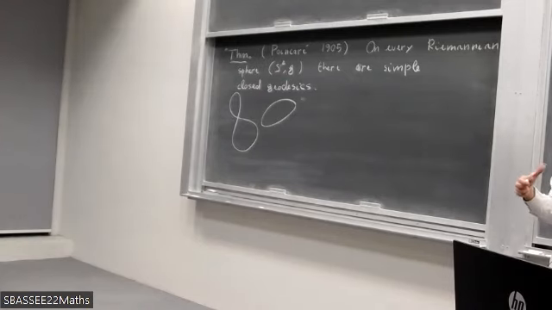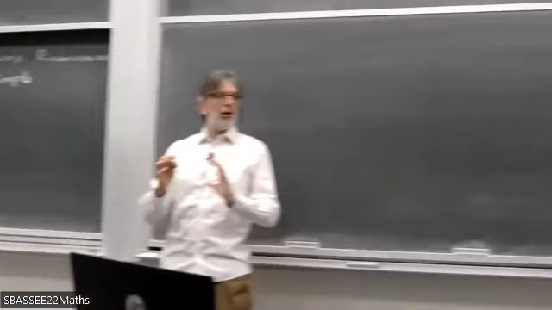By Gauss-Bonnet, you deduce that if you have a simple closed geodesic, then this divides the sphere into two parts, and the integral of the curvature of both parts is the same. Okay, this follows from Gauss-Bonnet. And then Poincaré says, okay, let's consider all possibilities which split this way.